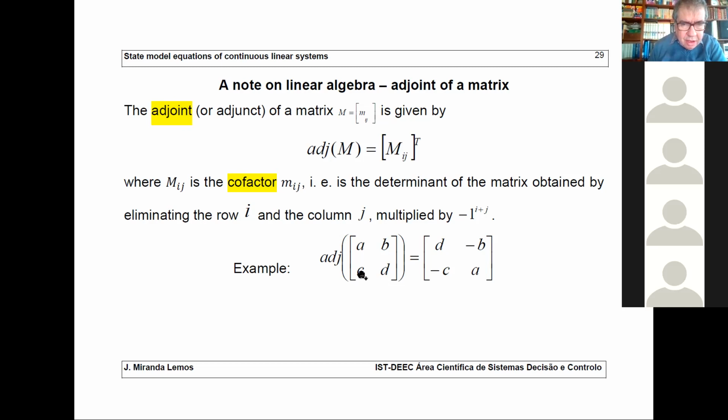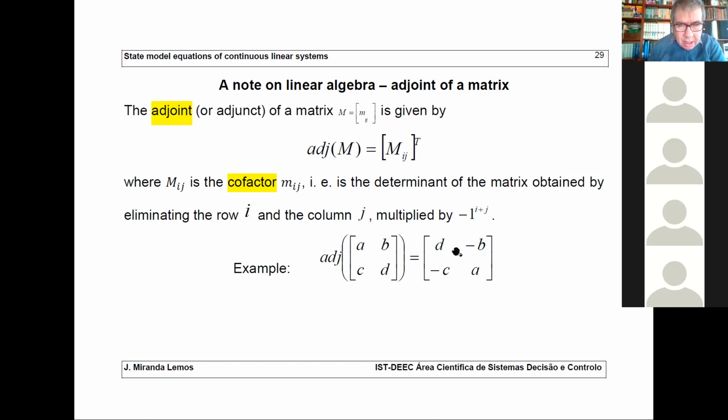For instance, if you have a 2x2 matrix, to compute the adjoint, let's start with this element. What should you place here? This is the element 1,1. So you delete row 1 and column 1, and you get d. Now, you multiply by -1 to the power i plus j. i is 1, j is 1, so it's just d.